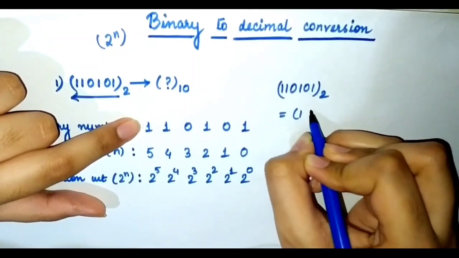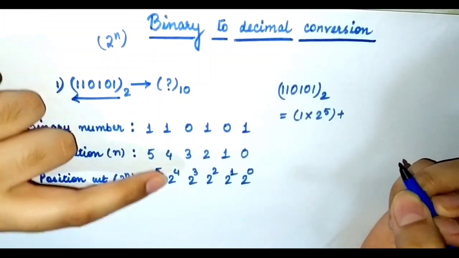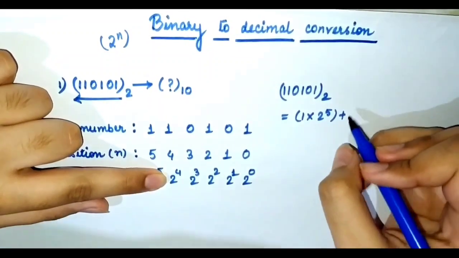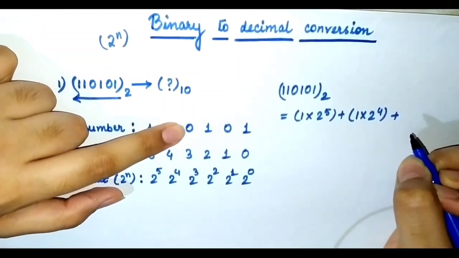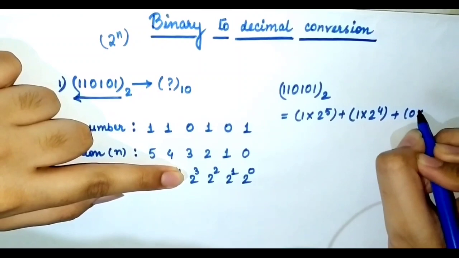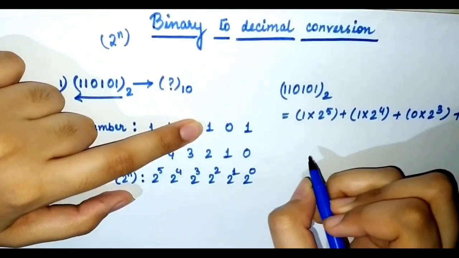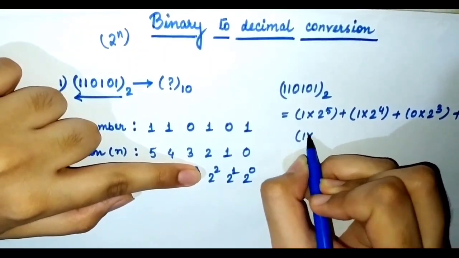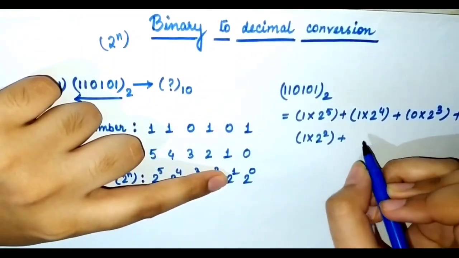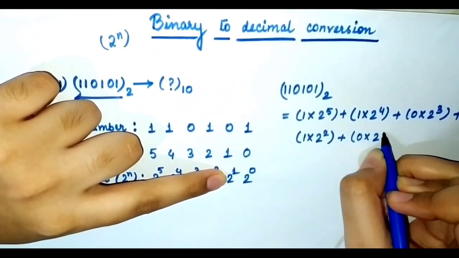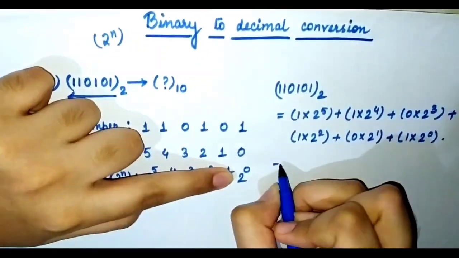So 1 into 2 to the power 5 plus 1 into 2 to the power 4 plus 0 into 2 to the power 3 plus 1 into 2 to the power 2 plus 0 into 2 to the power 1, plus 1 into 2 to the power 0.